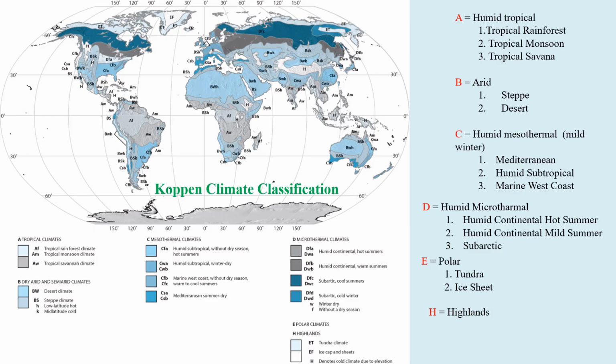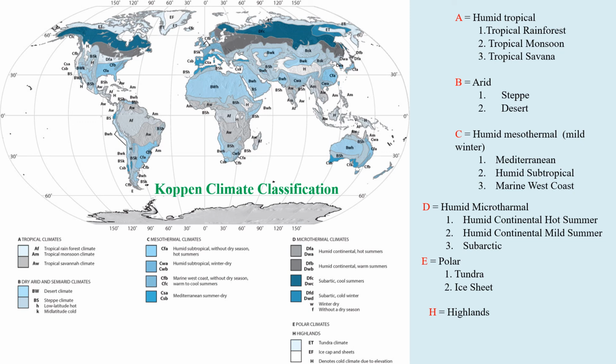And then the climate classification. You are familiar with A, the first letter, which is the climate type. A is humid tropical. A has tropical rainforest, tropical monsoon, and tropical savanna. B climate is the dry climate, desert, arid climate.